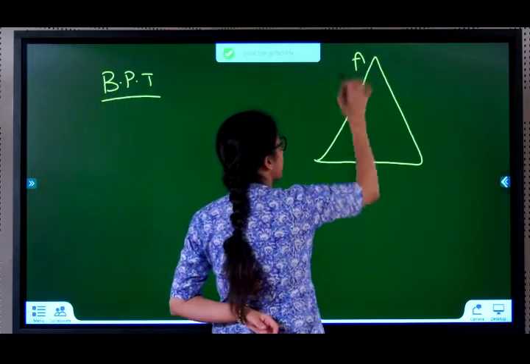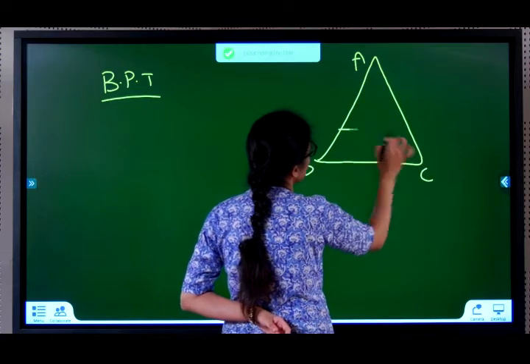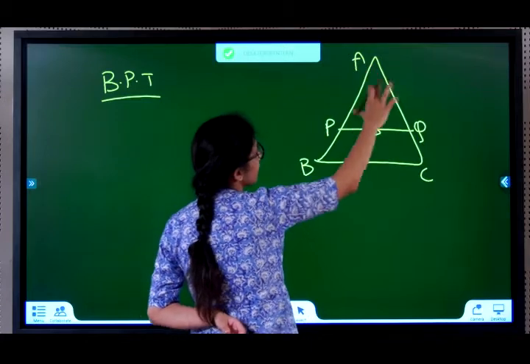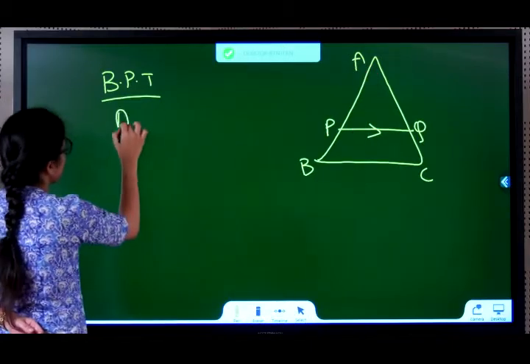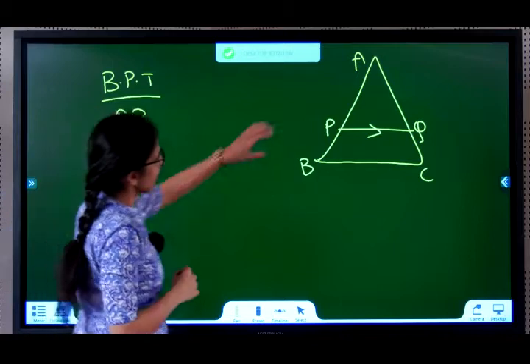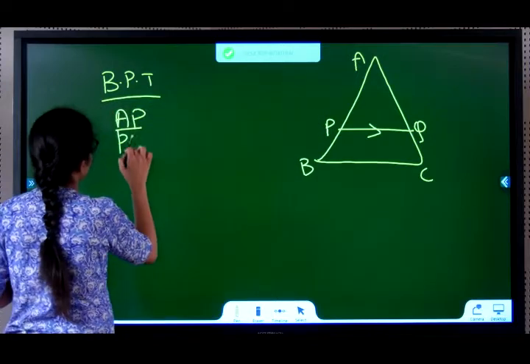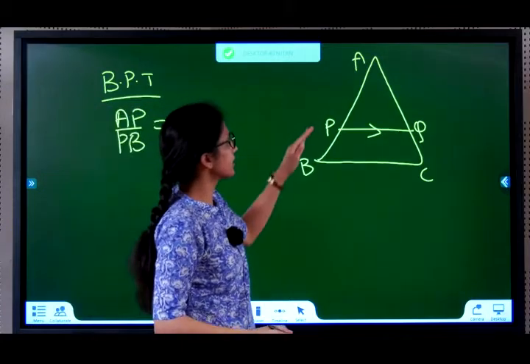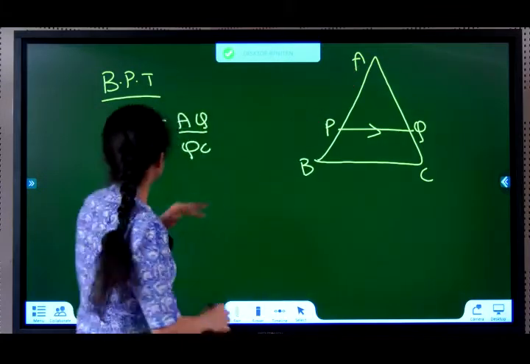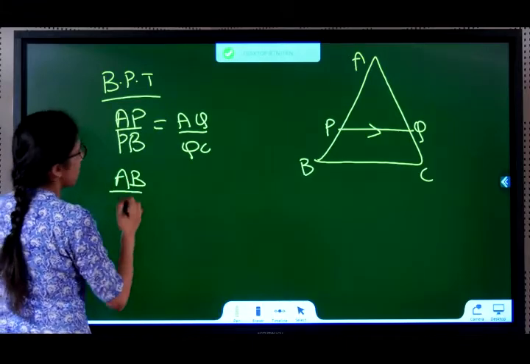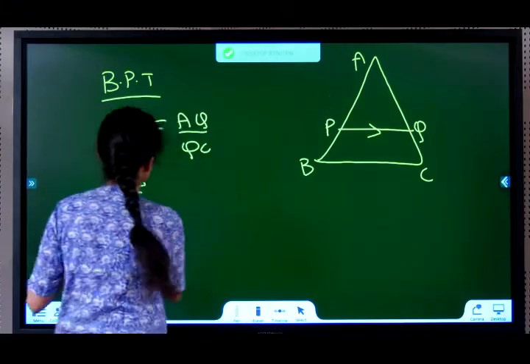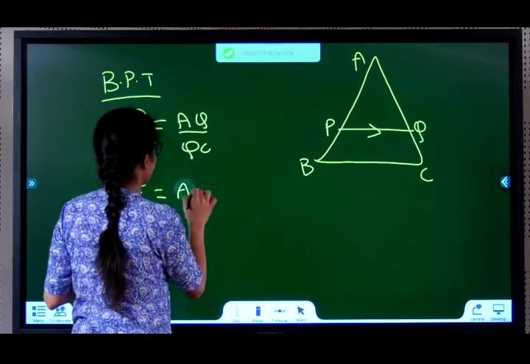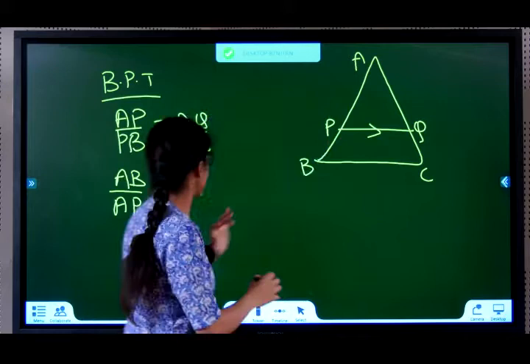You take a triangle ABC, take any parallel side anywhere, and this will divide the sides in the ratio, that means AP by PB is equal to AQ by QC, or whole side by any one. So, if I take whole side AB by AP, any one side, then I have to take whole side AC by the corresponding AQ.